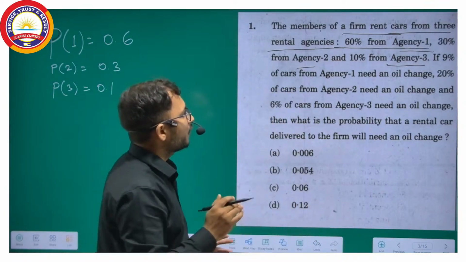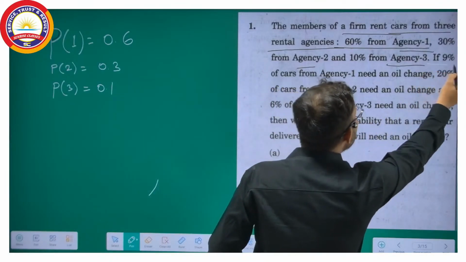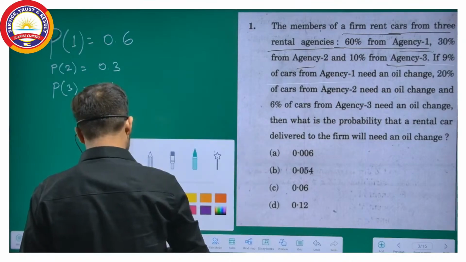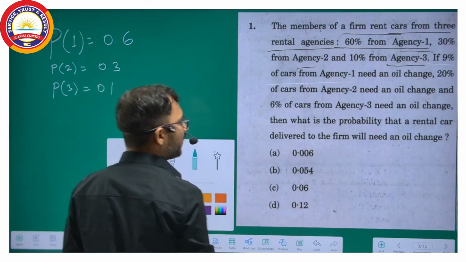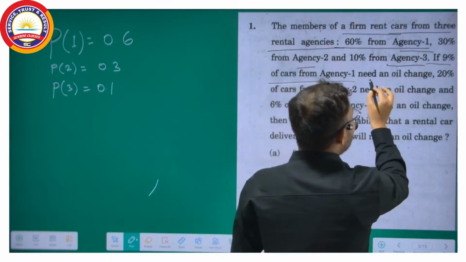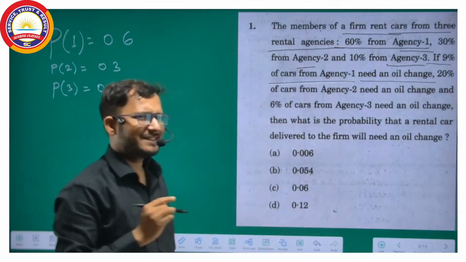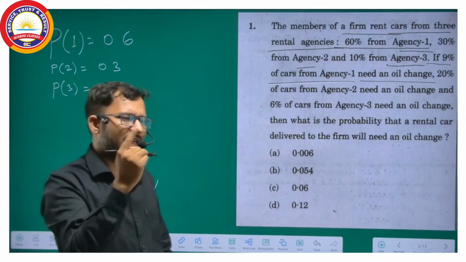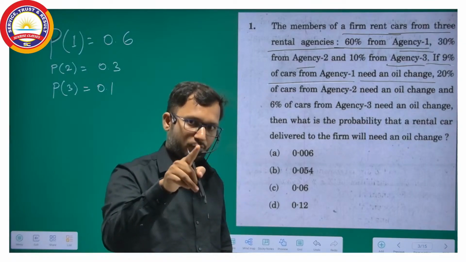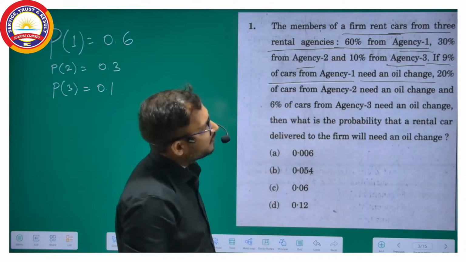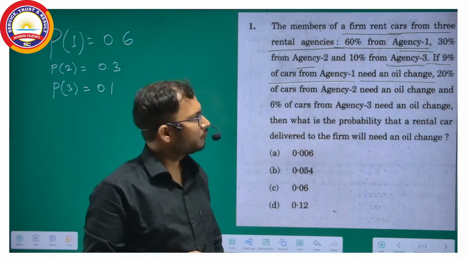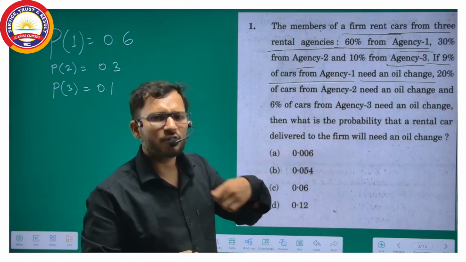Okay, so if 9% of the cars from agency 1 need an oil change, that means if you take cars from agency 1, 9% of the cars you get will need an oil change.